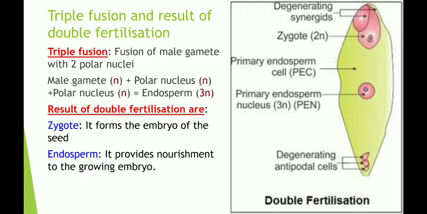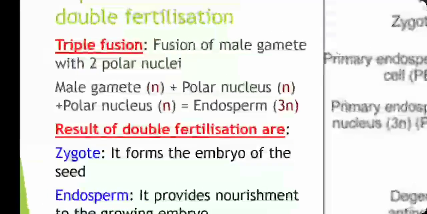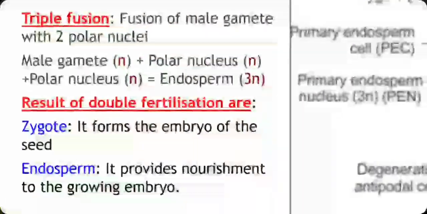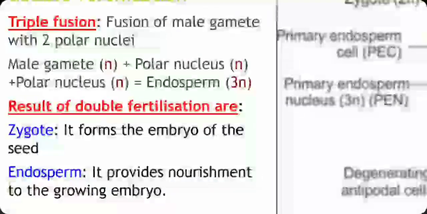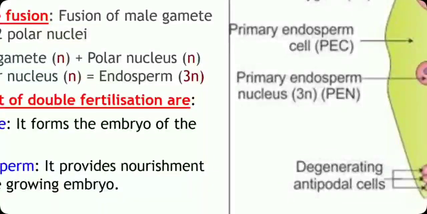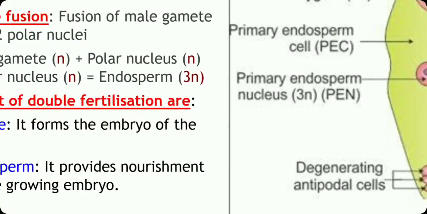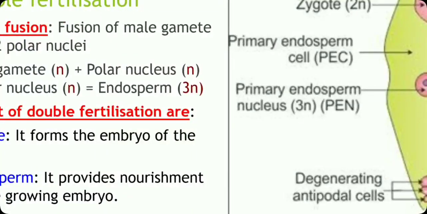So how many nuclei are formed? Three. So this forms 3n: one nucleus, a second nucleus making 2n, and the male gamete making 3n. Male gamete plus polar nuclei equals endosperm nucleus, which has three nuclei inside. One cell carries three nuclei.